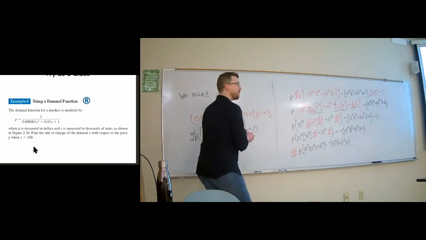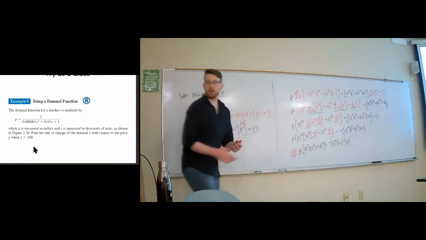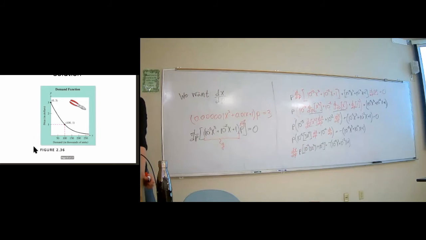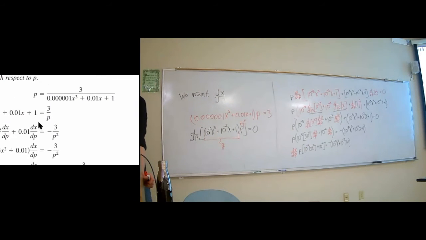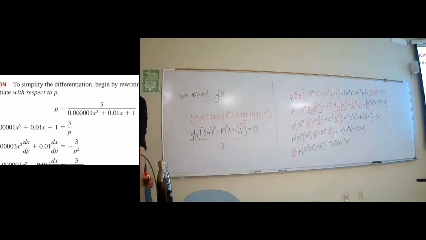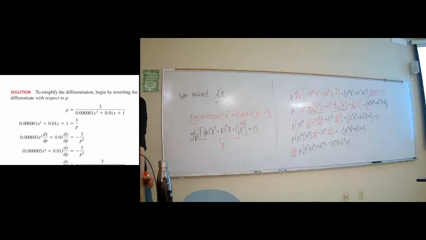That's a lot of work. I'm going to go ahead and admit that. There's a lot of work here. Looking at how they went about this, notice they did something slightly different. They divided both sides by p and multiplied both sides by that polynomial.